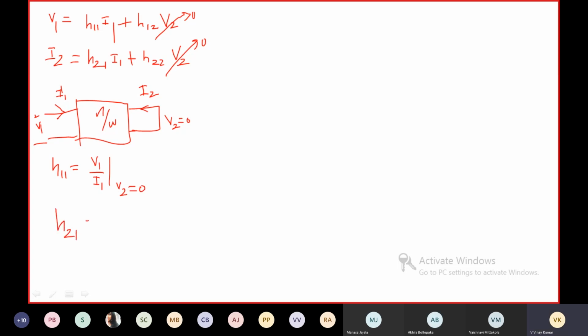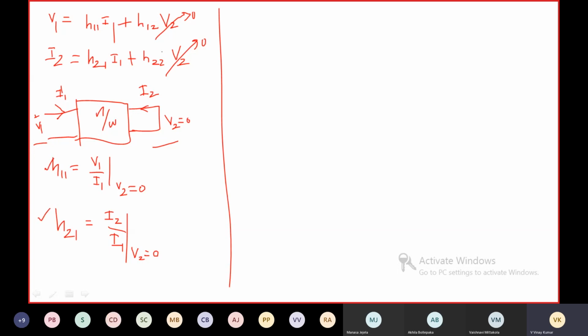H21 is equal to I2 by I1 when V2 is equal to 0. Means by short circuiting port 2 you can get H11 and H21.